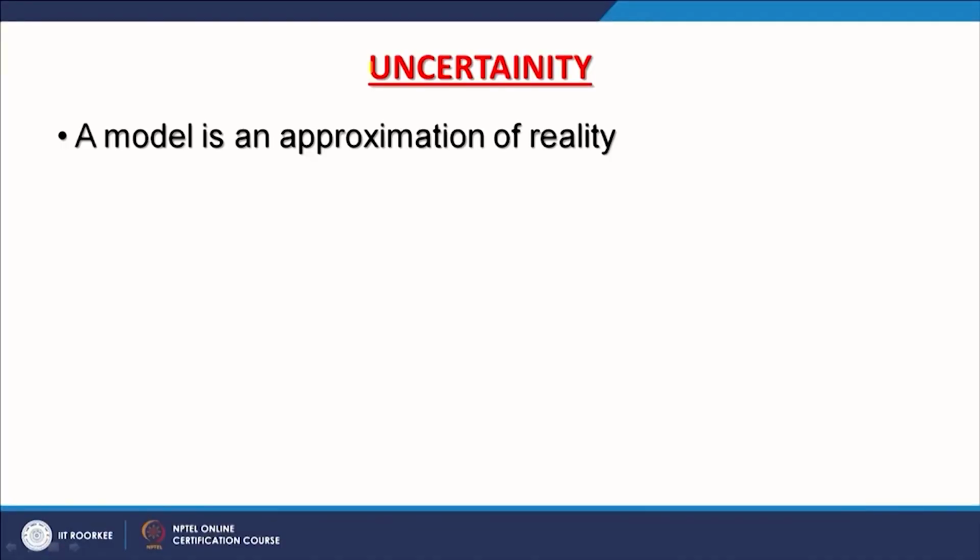Now, while assessing the quality of a digital elevation model, one term we must also discuss here is uncertainty. As you know, the DEM is a model, an approximation of reality, an abstract form of reality, and reality here is the terrain.